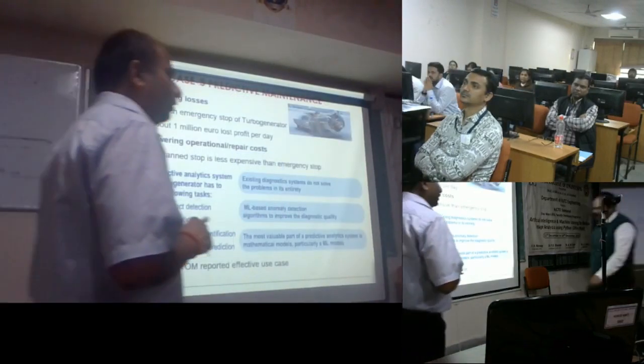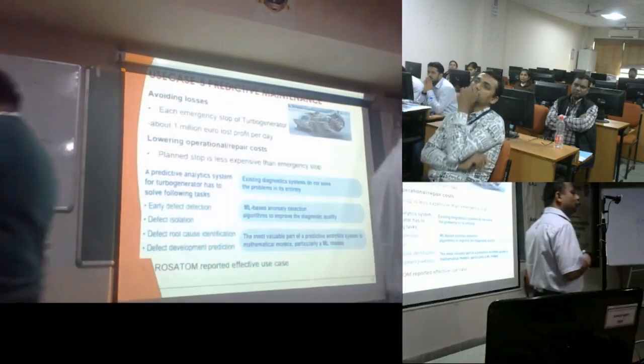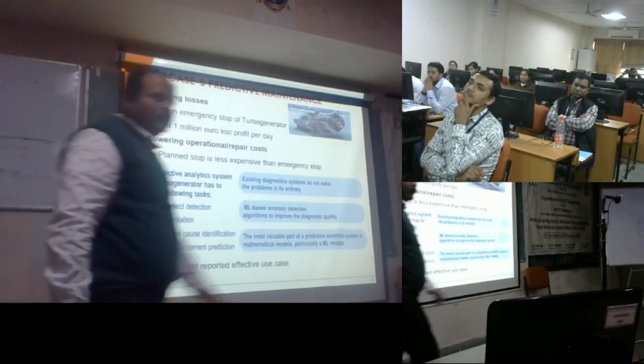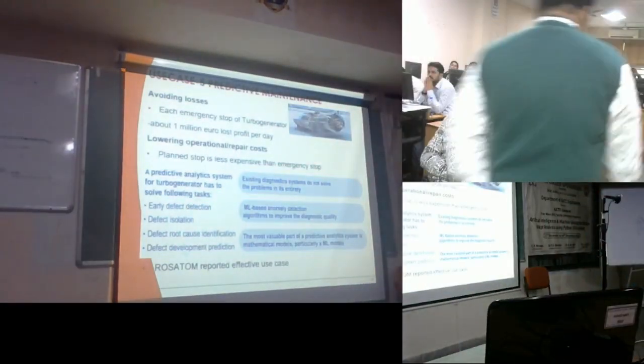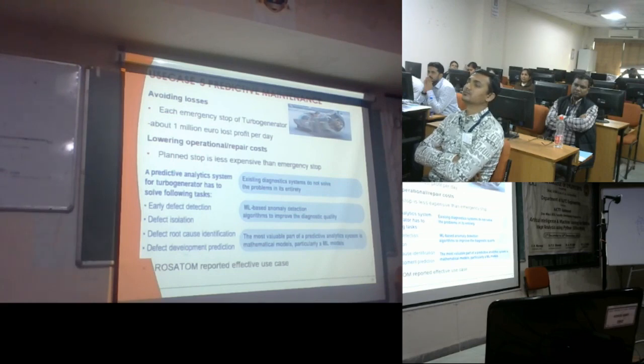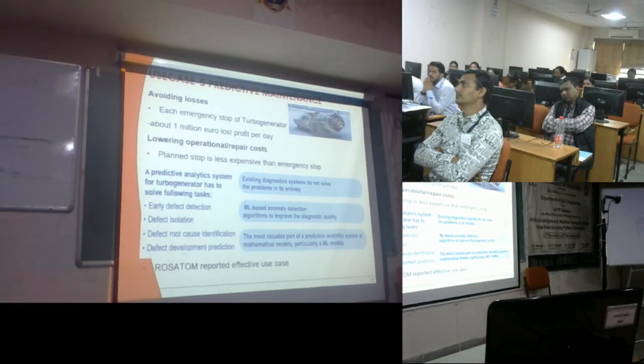Okay. So AI is also used in predictive maintenance. Generally, for example, if I am aware, or if somehow I can come to know that something is going to fail, I can take preventive action rather than corrective action.